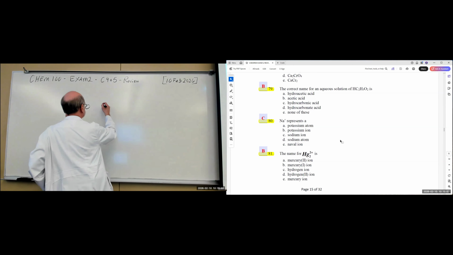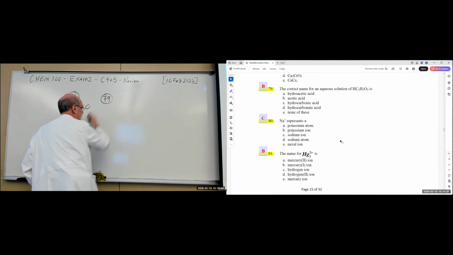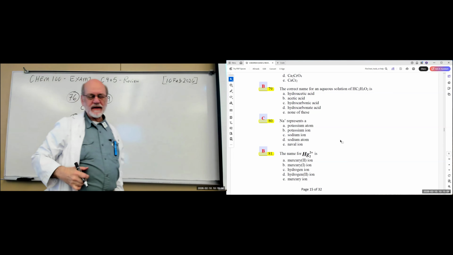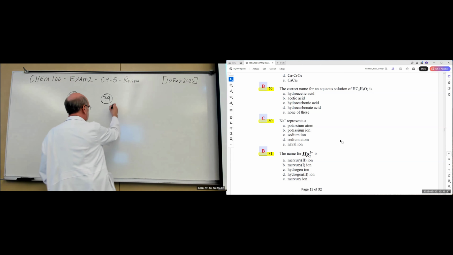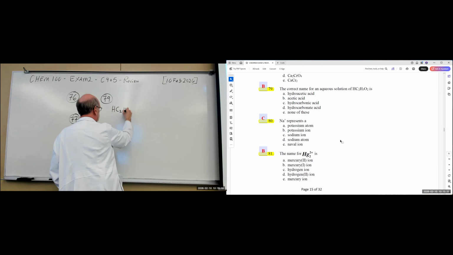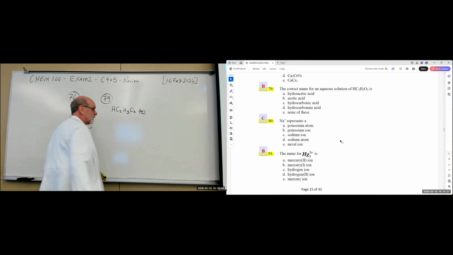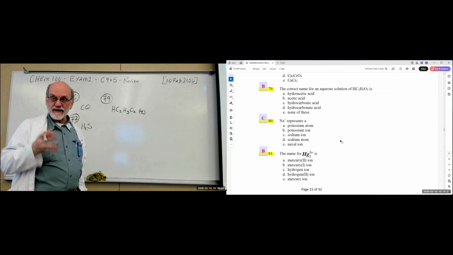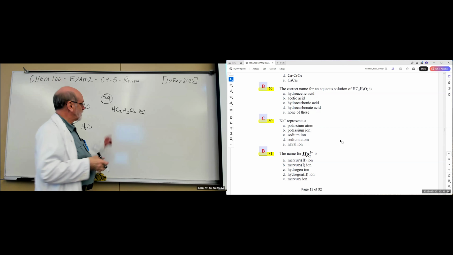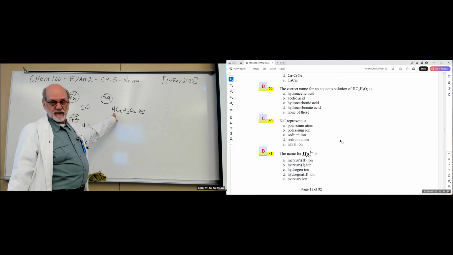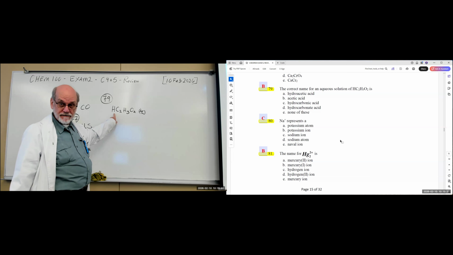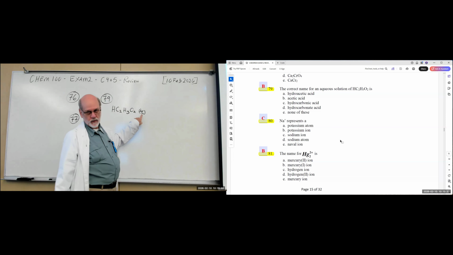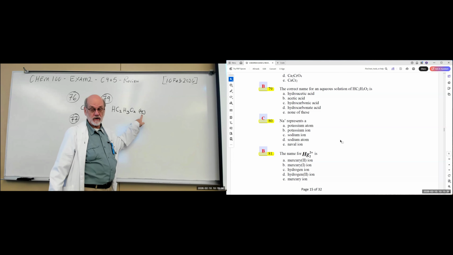79. The correct name for an aqueous solution of HC2H3O2. Aqueous. There are 2 clues here as to what naming convention you use. One is the first element is a hydrogen. That's an acid. If we put it in aqueous solution, that's the other clue.